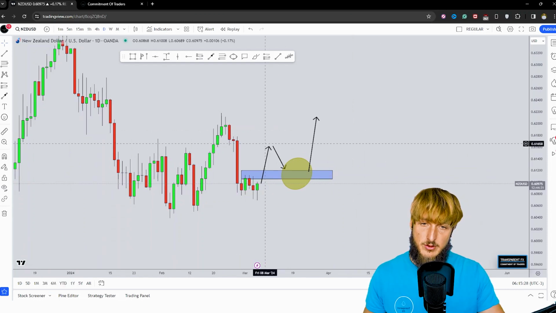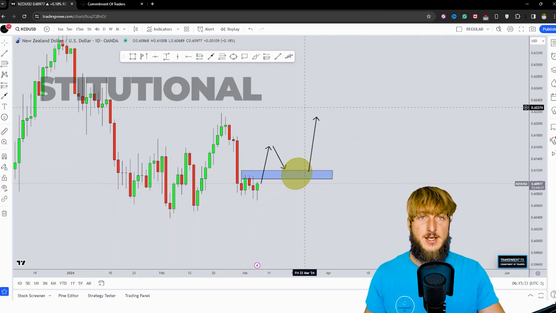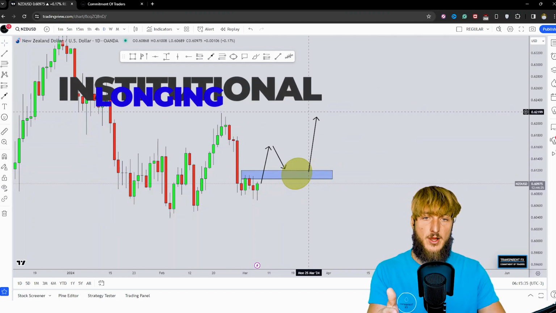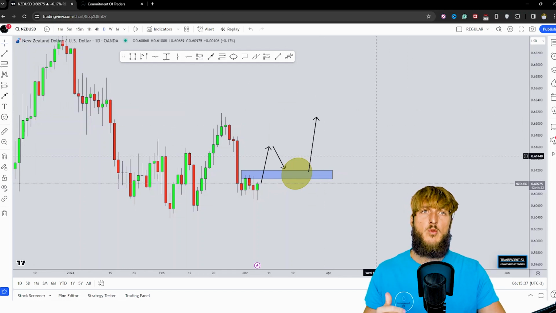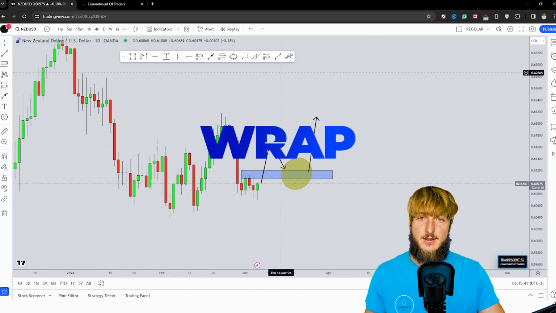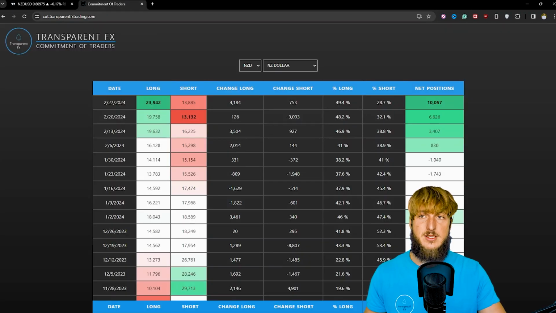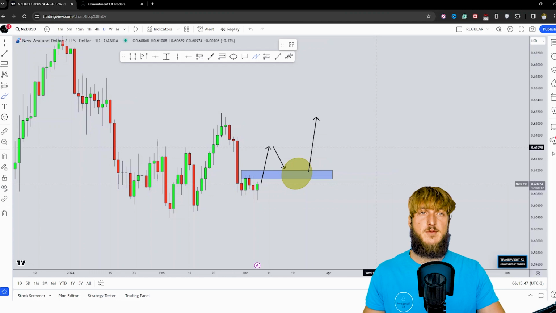As I was saying, if we get the break on the retest, this is where we have good probabilities of getting more institutional longing that could fuel a potential push higher. So what would I expect in a situation like this? Well, as usual, trading is reactive and not predictive. The monthly, weekly, and daily timeframes combined with the COT data, those are the best timeframes when it comes to the directional aspect of the market.